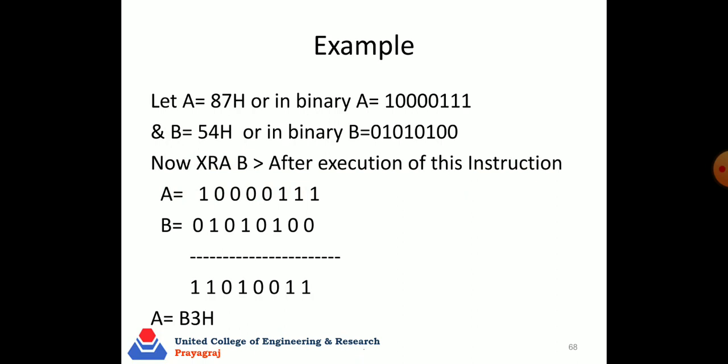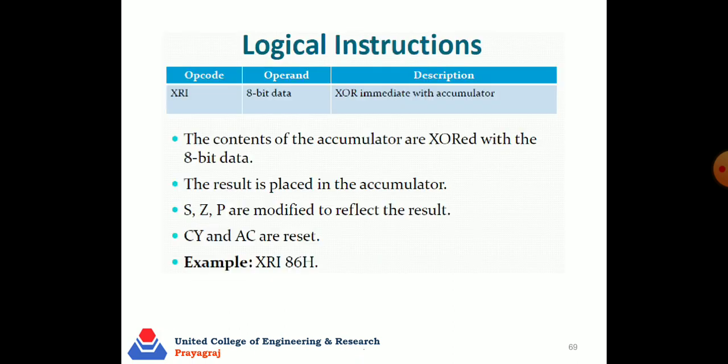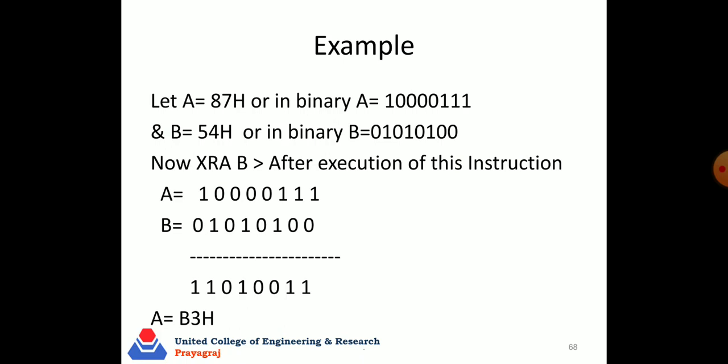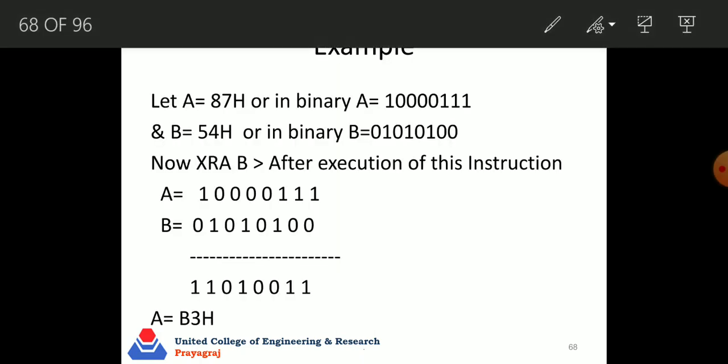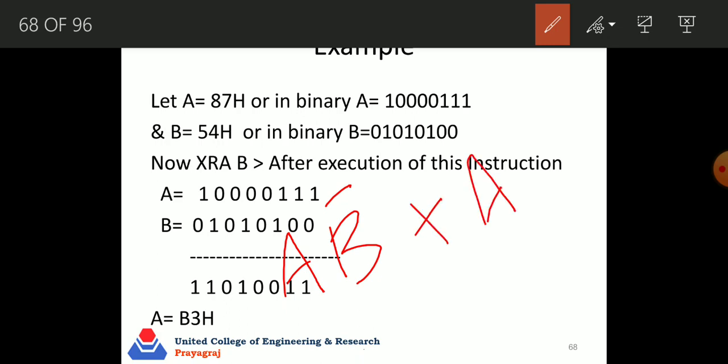If we have two numbers A and B, according to the XOR table, the output is A B bar plus A bar B.